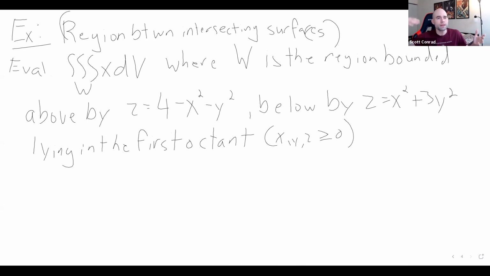Okay, so really here we just have two surfaces that are intersecting. And we're not told exactly where x and y live. We just know there's a top surface and a bottom surface, so the bounds for z are easy. But now we've got to figure out where x and y live.